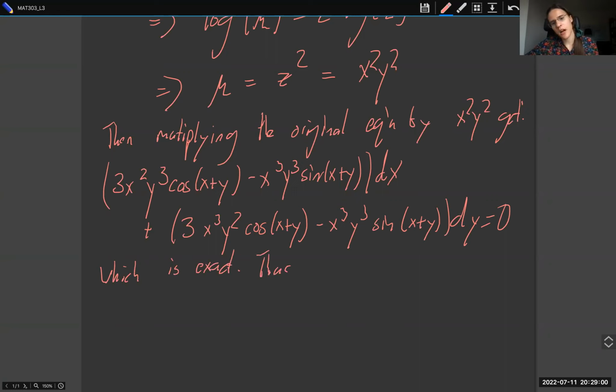Thus, for the left-hand side equal to dk, we do our usual process.